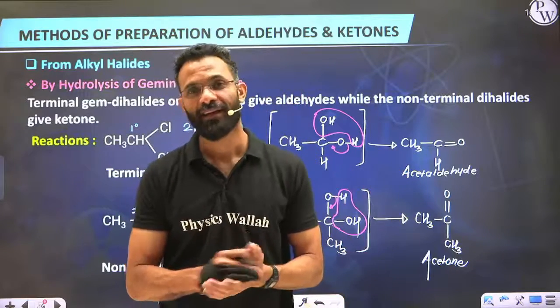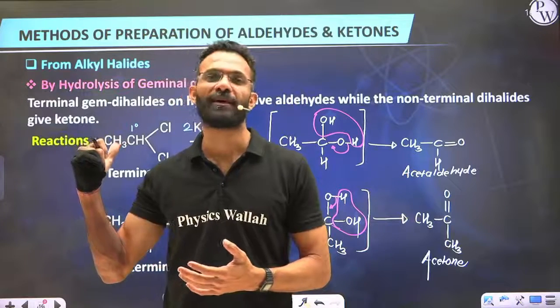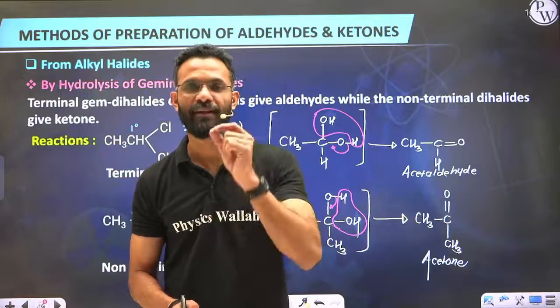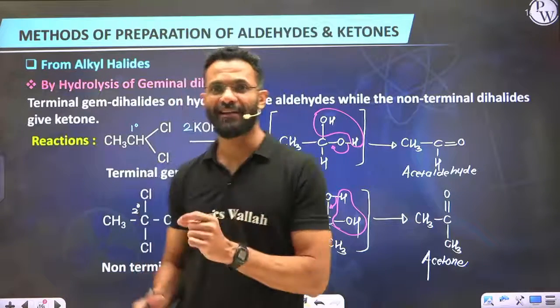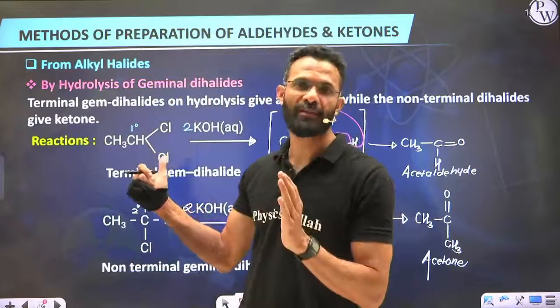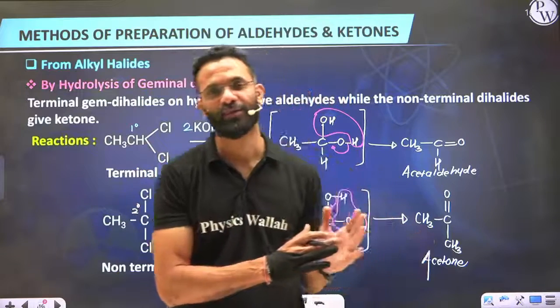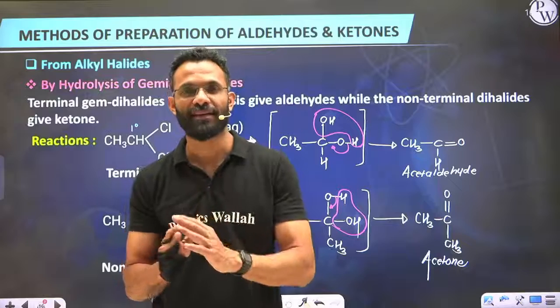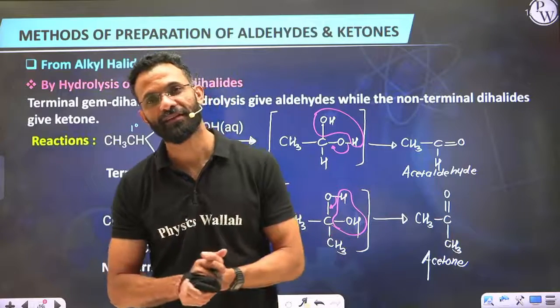Right, everyone? And finally, we also prepared the aldehydes and ketones by alkaline hydrolysis of geminal dihalide. If dihalide is primary or terminal geminal dihalide, the product will always be aldehyde. And if your geminal dihalide is non-terminal or secondary, the product is going to be ketone.